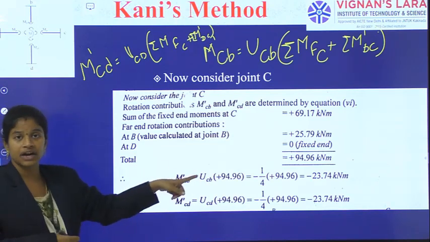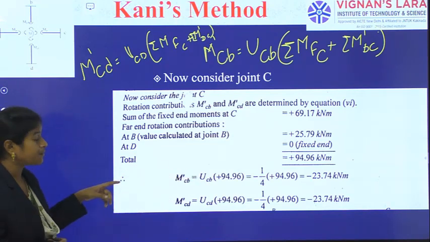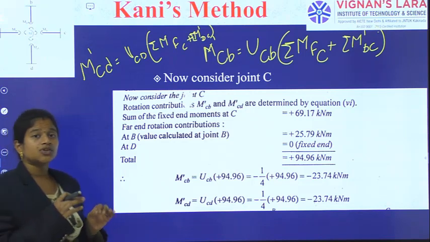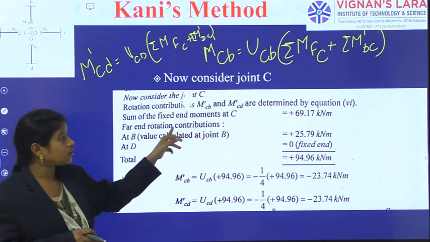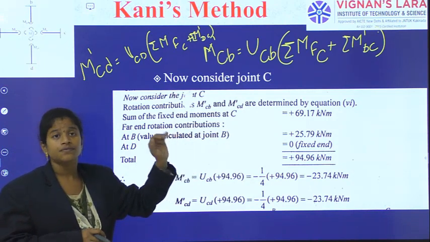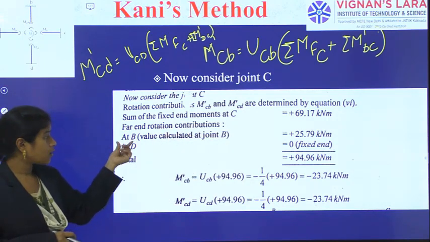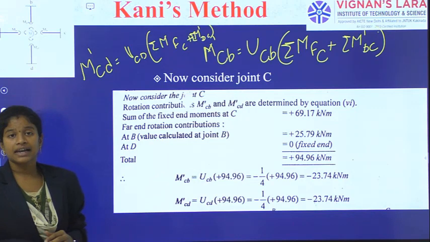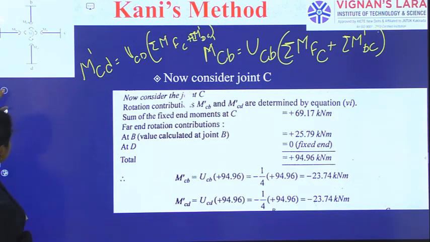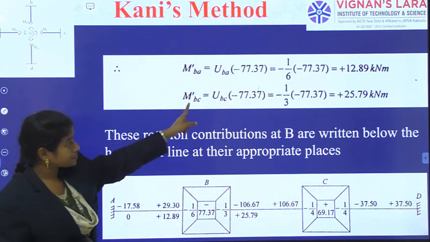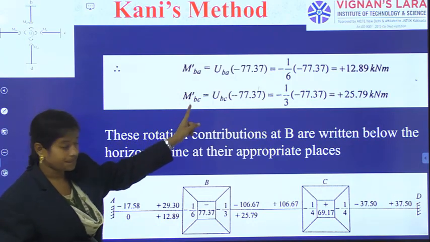In that step we observed this 69.17, and now I have to give the far end rotation contributions. Far end rotation contribution means the value at B will now be used. How much is the quantity at B towards C? We just observed it, right? See here, at B towards C.